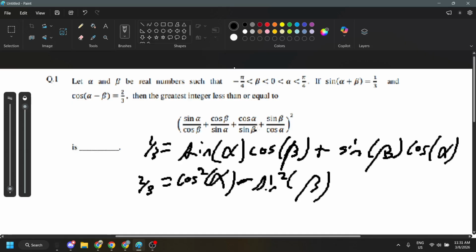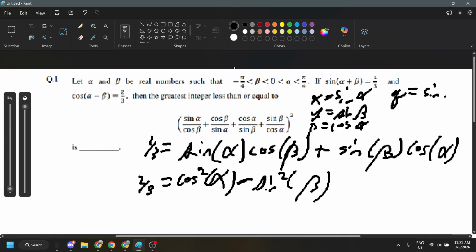Okay, so let's assign variables to all of these. X is equal to sine of alpha. Y is equal to sine of beta. P is equal to cosine of alpha. Q is equal to cosine of beta. I'm going to switch those.